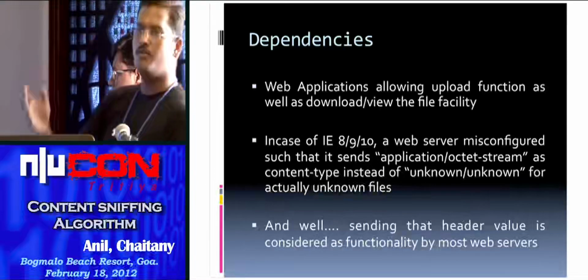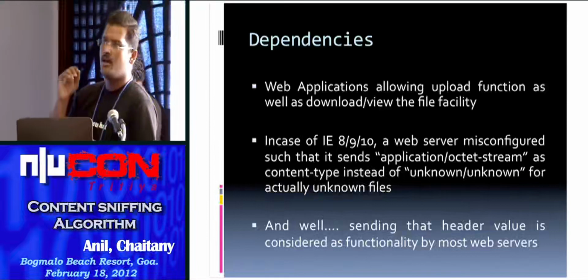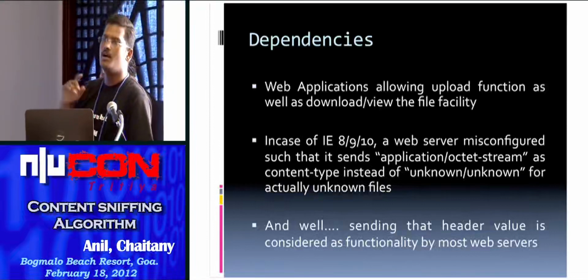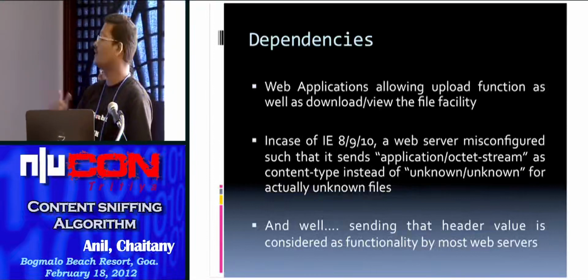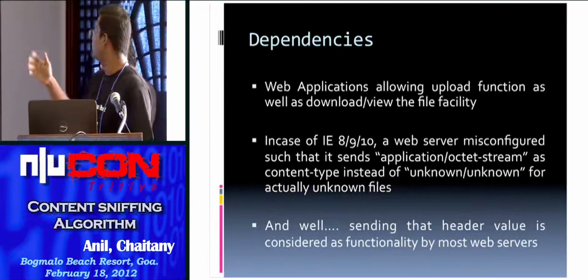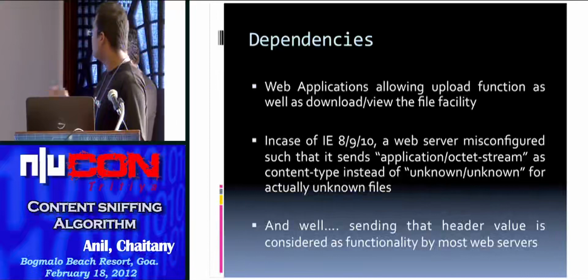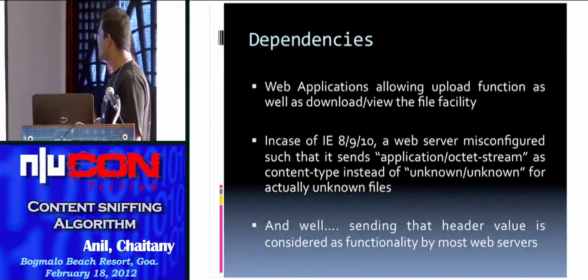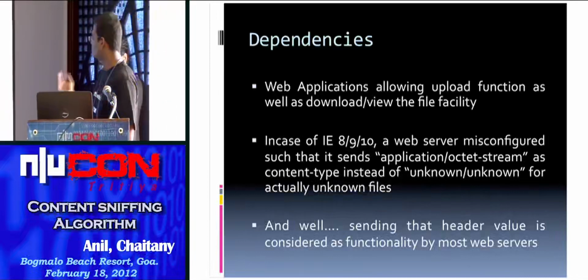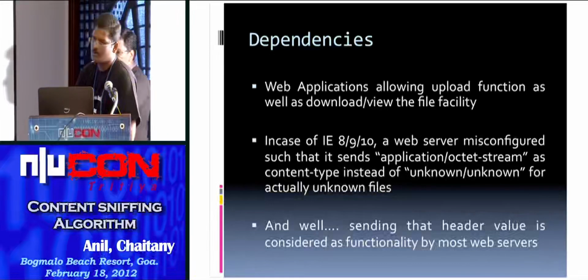Okay. In case of 8, 9, 10, a web server should be misconfigured. I already mentioned that the web server should be sending application/octet-stream instead of unknown. And sending that header value is considered functionality by most web servers. So that depends.